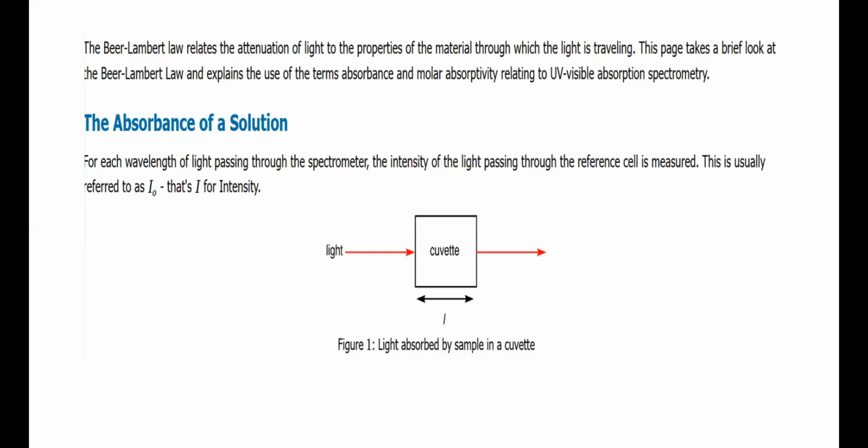If the concentration of the analyte is going to increase, the amount of light absorbed is going to be more, and it increases proportionately. So the more the concentration, the more increase in value you will see.